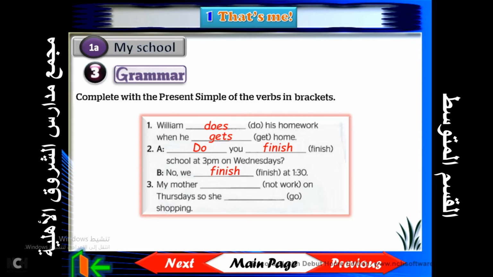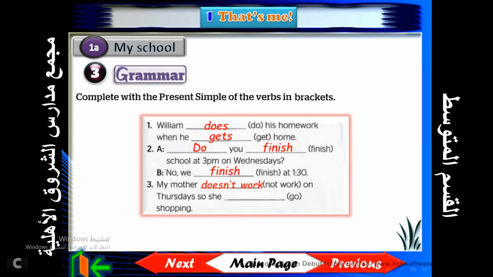Number 3, my mother does not work on Thursdays, so she goes shopping. My mother doesn't work. Here we have a negative statement. We usually use doesn't or don't. Doesn't when we have he, she, it or singular noun. Don't when we have they, we, you or plural noun.